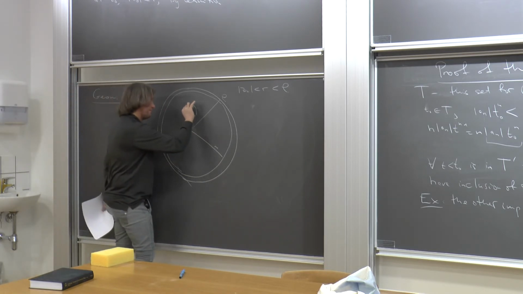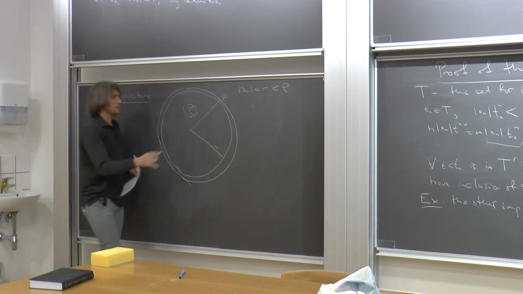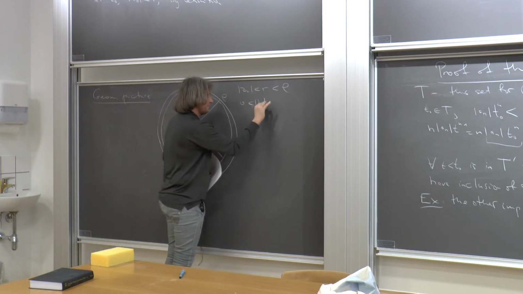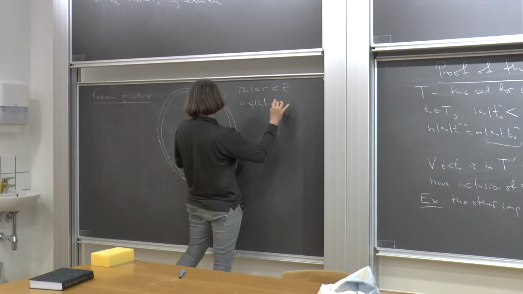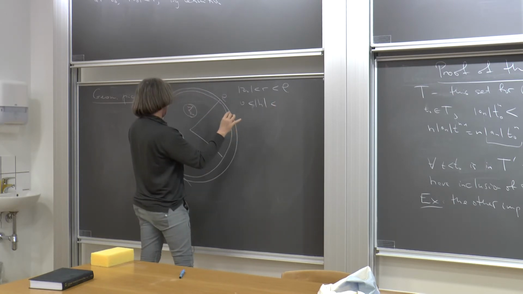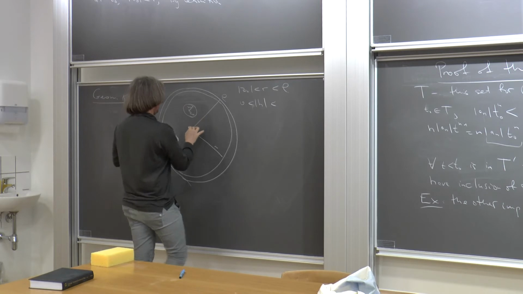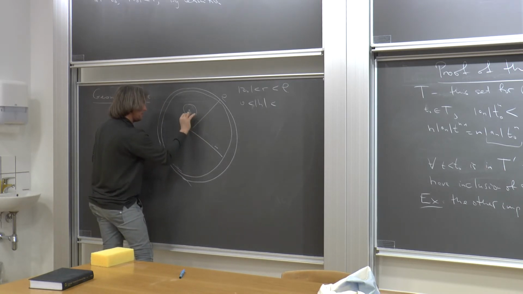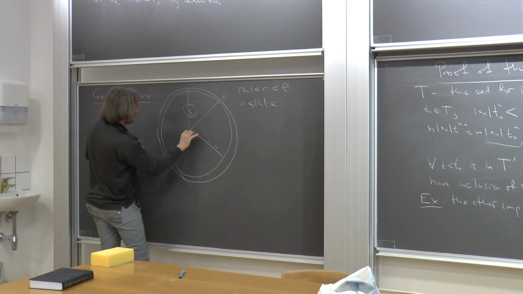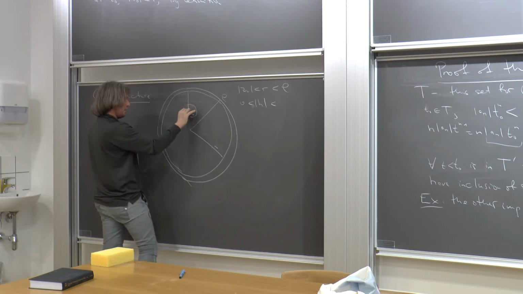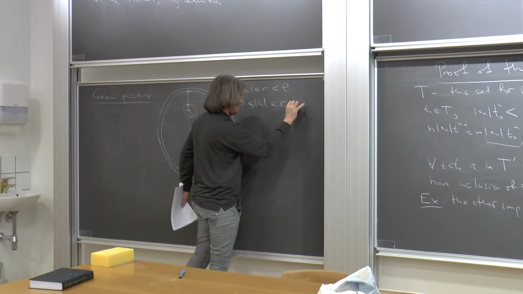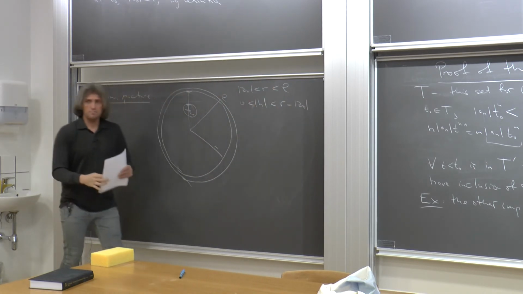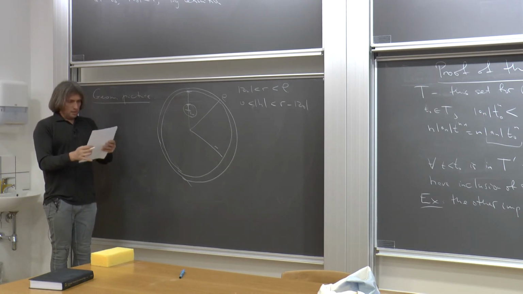So this is h. So we chose h. So this is r, this is z node. h is less, so this part is r minus z node, and h is less than it. Okay. Good.